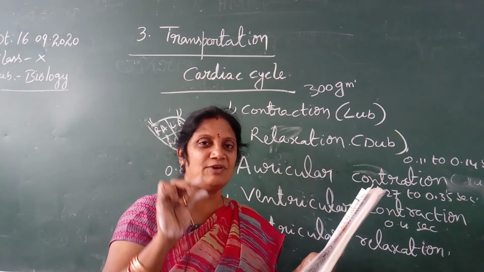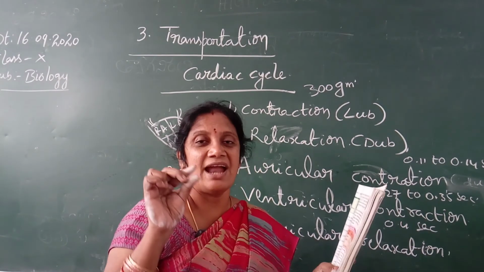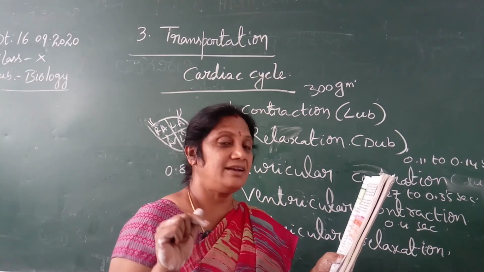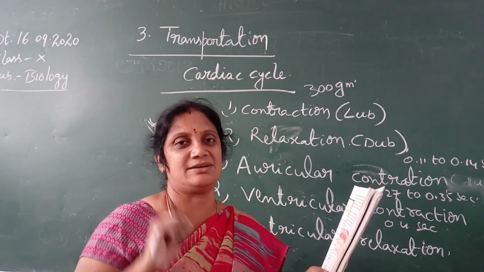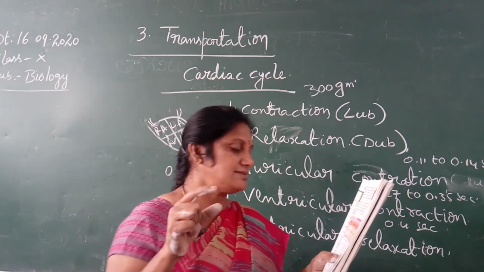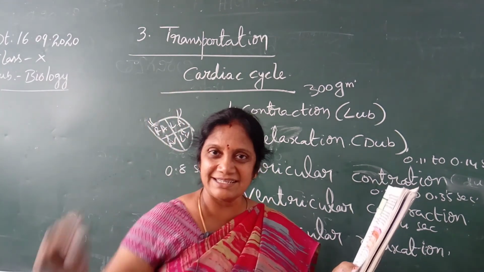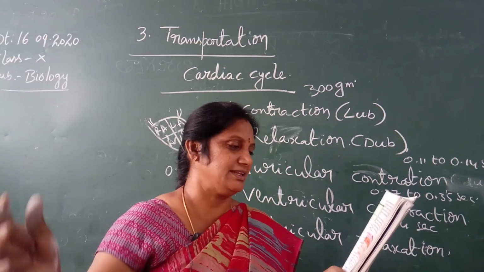Its weight is 8 grams, the heart's weight is 0.15 grams, and the heart beats 1200 times per minute. Just imagine. As the weight increases, the heartbeat decreases. As the weight decreases, the heartbeat increases.